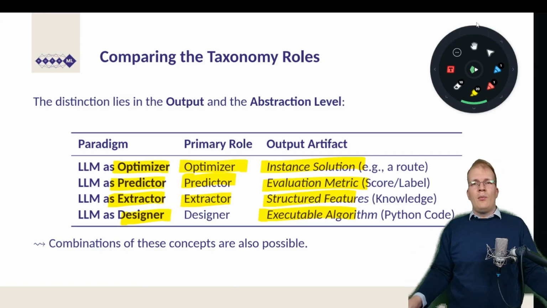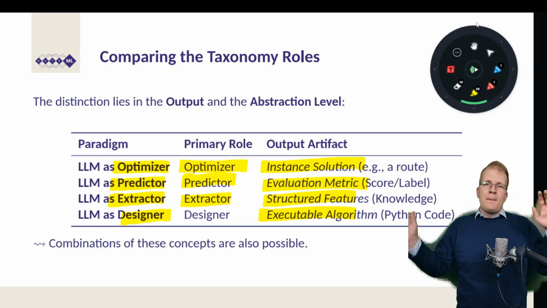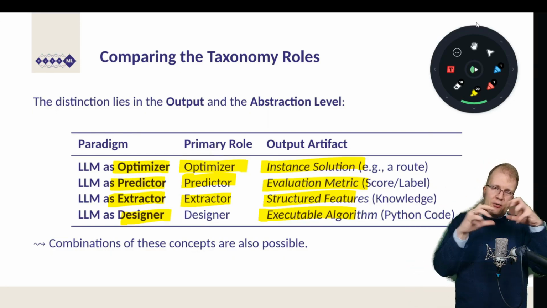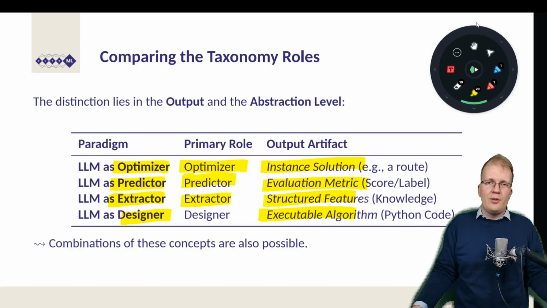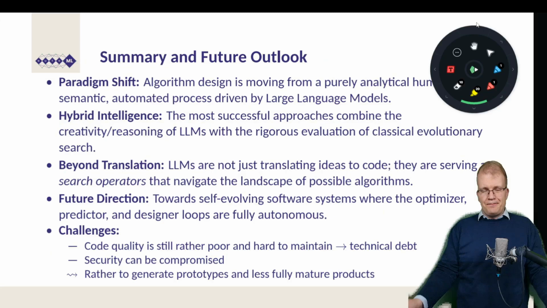Often what people are doing right now is only doing one of these, because the LLM can fail if you combine too many of them. The likelihood that at least one of these components fails gets larger and larger. Nevertheless, there might be very nice opportunities for the future.